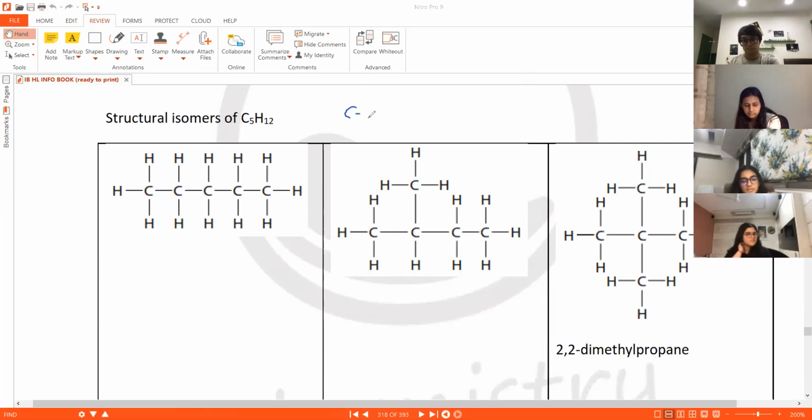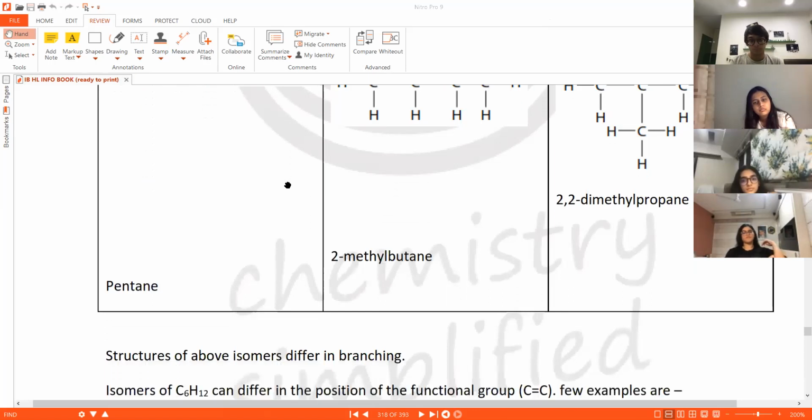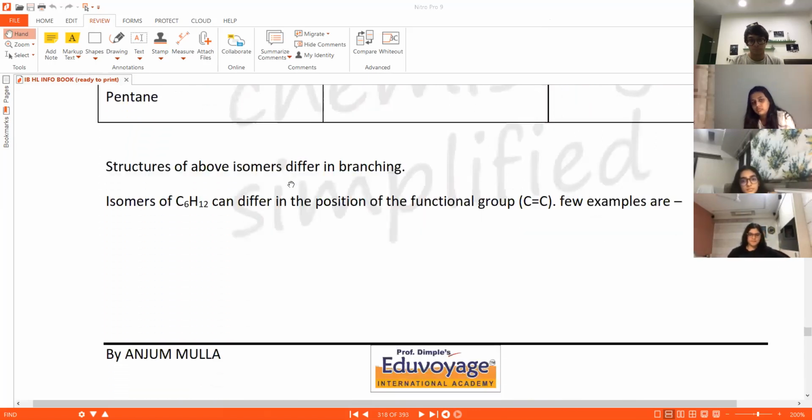One is that I can arrange 5 carbon atoms in a straight chain. This is pentane. Second option, 4 in a straight chain, 1 as a branch. And third, 3 in a straight chain and 2 branches. Similarly for C6, I don't know if I have drawn it.